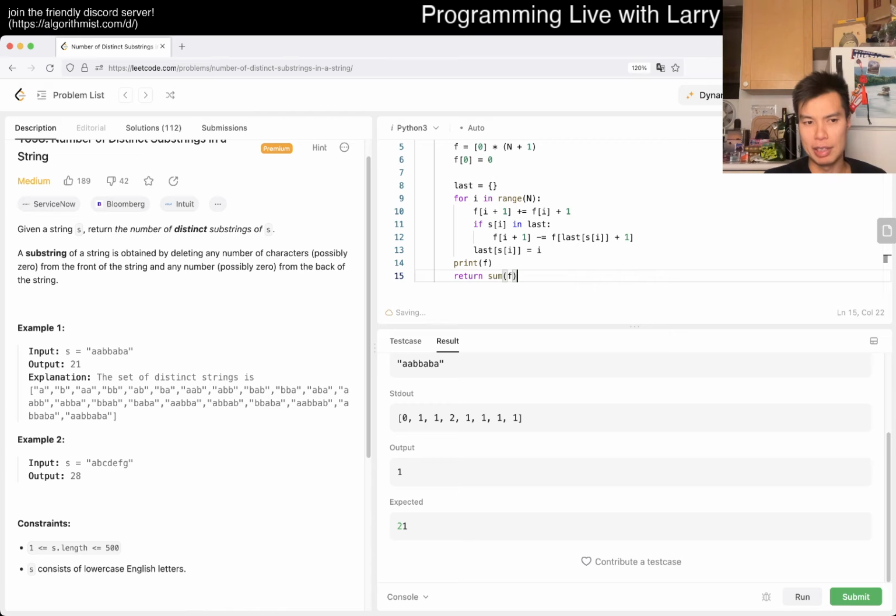Because here we only add in, no, I'm kind of in between. So basically this is saying this is the number of unique ones ending here, which is not quite what we want. So this part is saying that we double count, right?